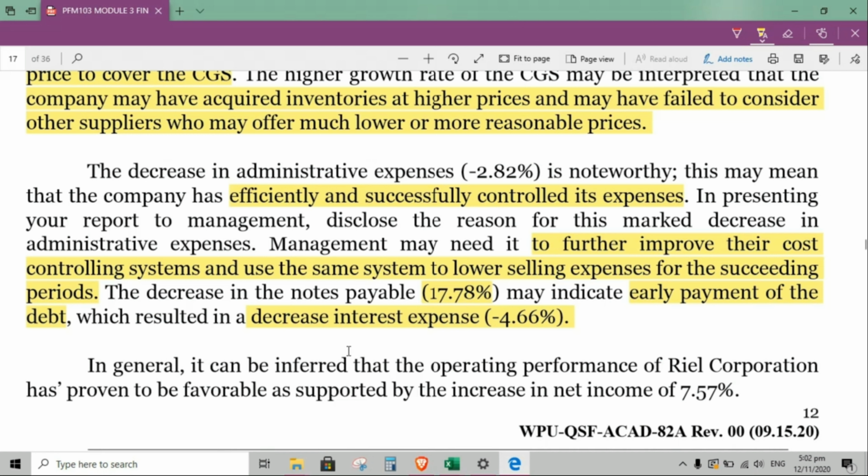Ina-analyze nila. So, kayo, as future financial analyst, gagawin nyo yan. At least, diba, ngayon, alam niyo na kung ano yung implication dyan sa mga results ng ating horizontal or comparative statement, comparative financial statement analysis.